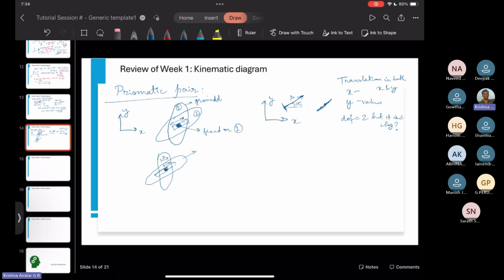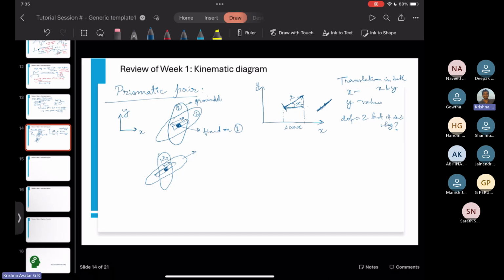I'll draw it clearly so that it appears x and y. When you look at the displacement along the x-axis, the projection of S on the x-axis, then from trigonometry, this is the base of a right angle triangle, so it becomes s cos alpha.